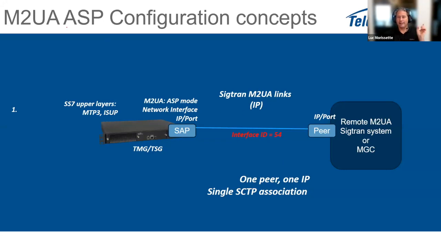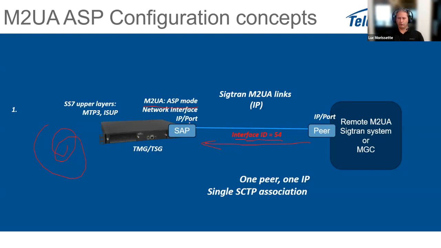So this was the signaling gateway configuration. On the ASP configuration mode, it's similar. You have ASP mode instead of SG mode for the M2UA, and then you terminate the traffic. But this interface ID is not related to any MTP2 links, right?